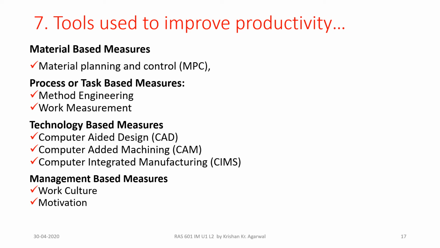Some technology-based measures can also be taken, like the use of technology while designing the product, while manufacturing the product, and integrated designing as well as manufacturing, in order to manage the culture of the organization and to motivate the employees. Productivity can be improved.